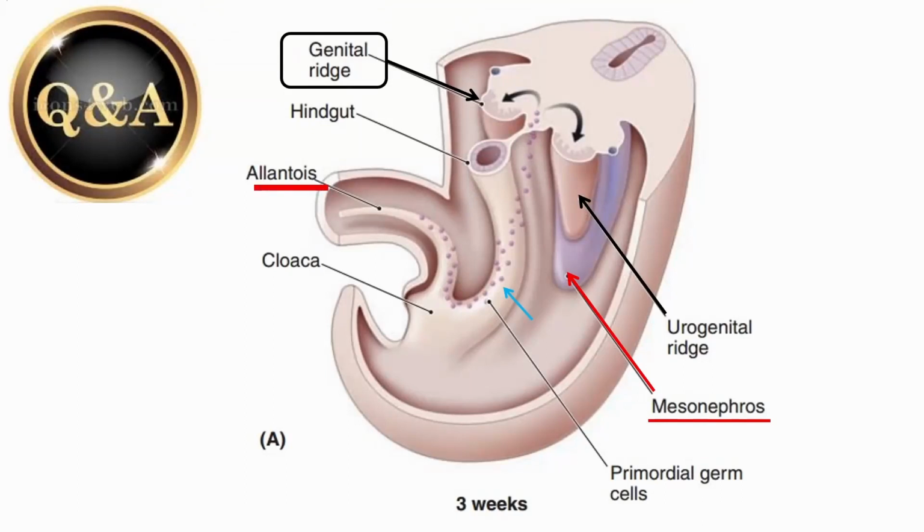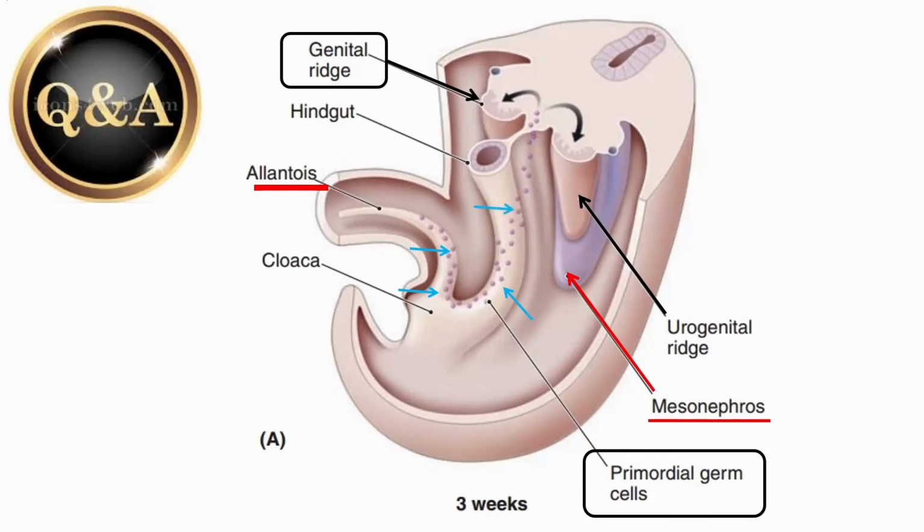You remember the allantois is the little extension of the yolk sac into the umbilical cord, and the very beginning of the sex cells, the primordial germ cells, they start to differentiate and form around the allantois, and then they migrate. These are the primordial germ cells.